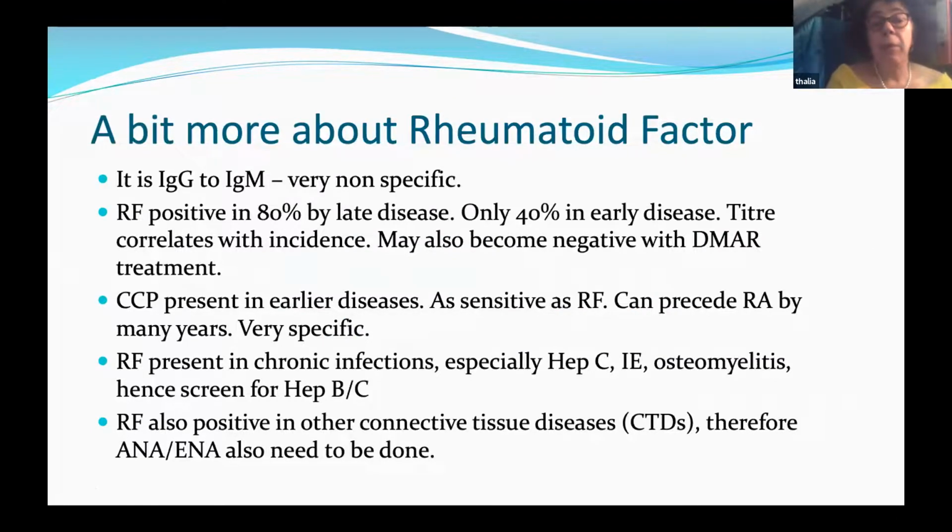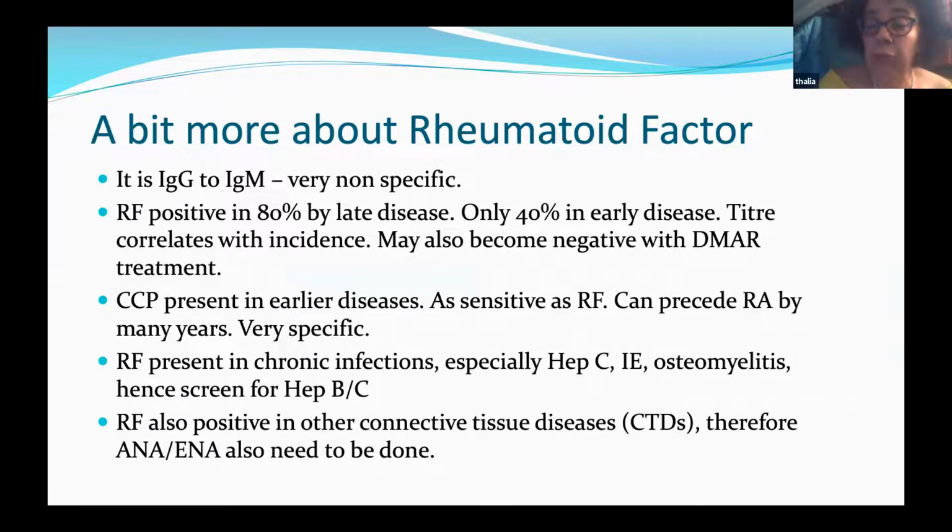A bit more about rheumatoid factor, and because there was already a presentation before, I'm going to run through quickly. It's an IgG antibody against an IgM antigen. It's very non-specific. 40% of seropositive patients can have positive rheumatoid factor in the early stages of the disease, and some 80% later in the disease.